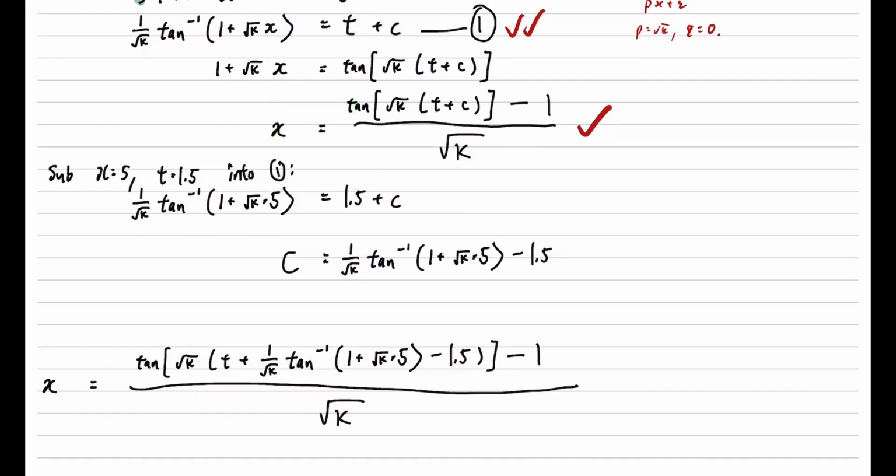Then I can solve for c, so I get this. So far, okay? Yeah. 1.5 bring over become minus 1.5. Then after that, you just have to sub the c back in. So this is c, and then you substitute back into over here, this c here, t plus c. Okay, I know it's very messy, but that's what the answer is requesting.